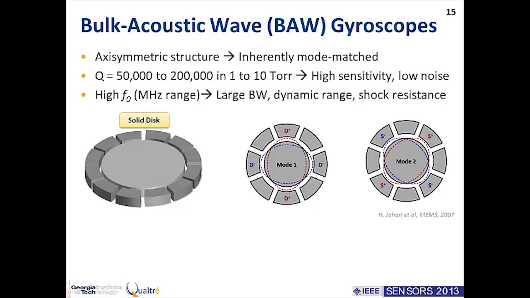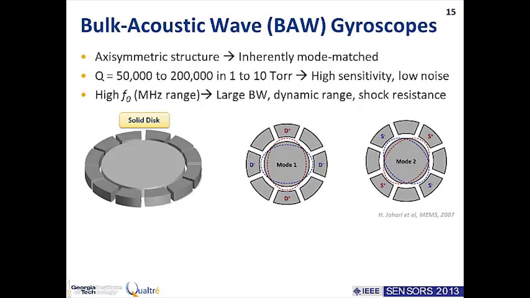Unlike the tuning fork structures where you need to go to the millitorr range of pressure, here, since you're at much higher frequency, you don't get as much viscous damping on the device. And since you're operating at a much higher frequency, your device is a lot more robust, and more immune to shock and vibration.